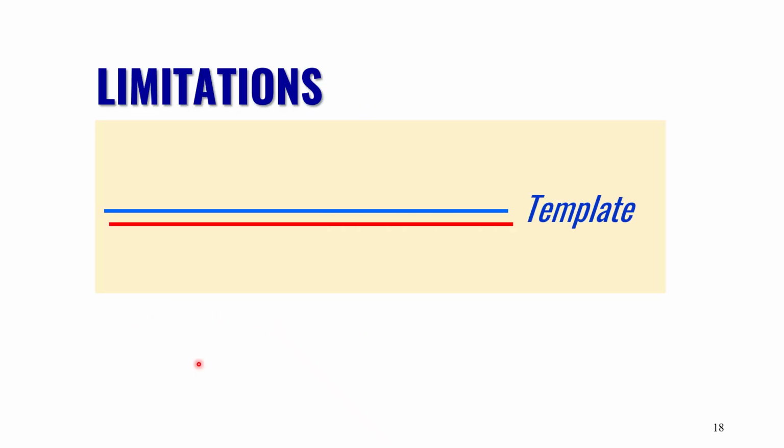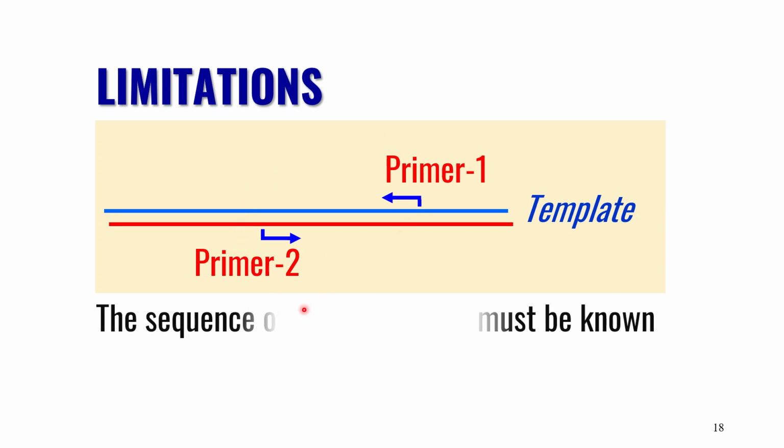There are a large number of limitations or precautions, but one is very critical, and that is related to designing of the primers. As you know, the primers are designed based on the target sequence. Therefore, you must know the target sequence to design the primer and to use PCR. Without knowing the target sequence, PCR cannot be used.